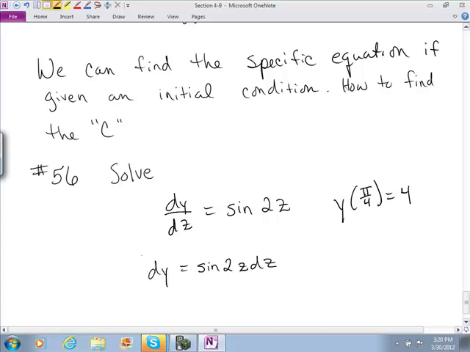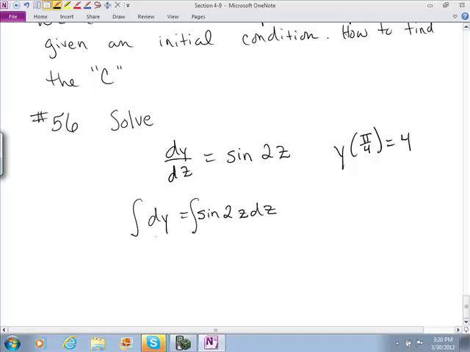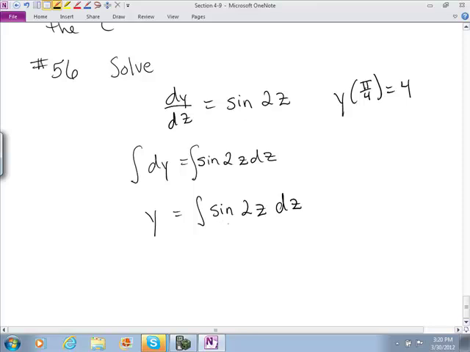And if I were to integrate both sides, then the integral of dy is just going to be y. And the integral of sine 2z dz, well, the function that has as its derivative sine is negative cosine, but because I have this 2 in front of the z, I'm going to have to put a 1/2 in front of my antiderivative.